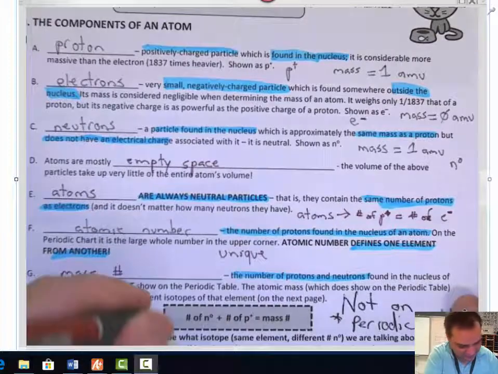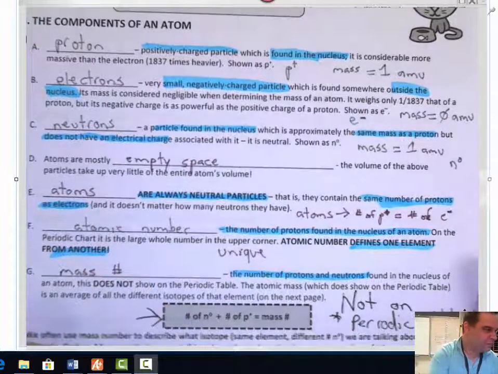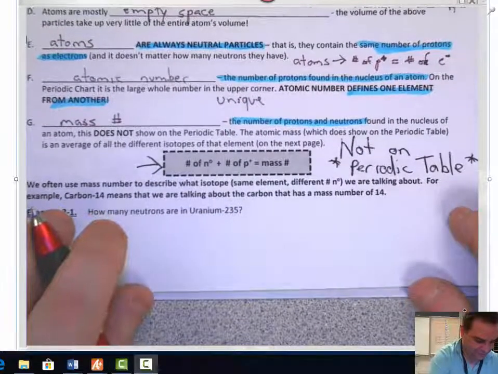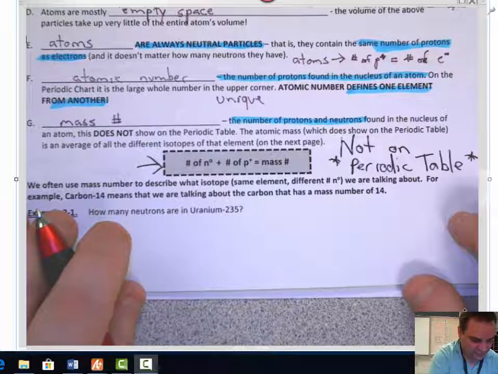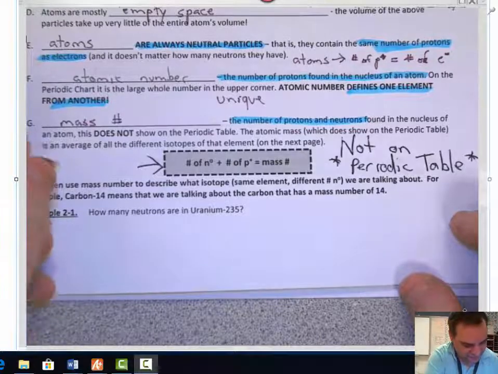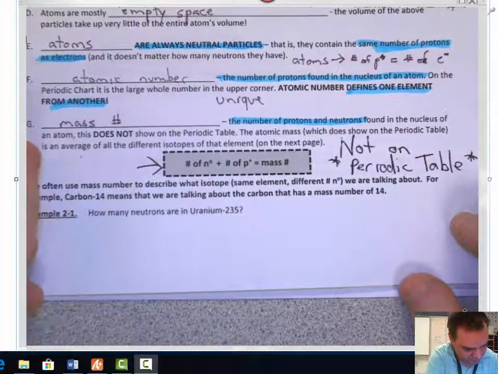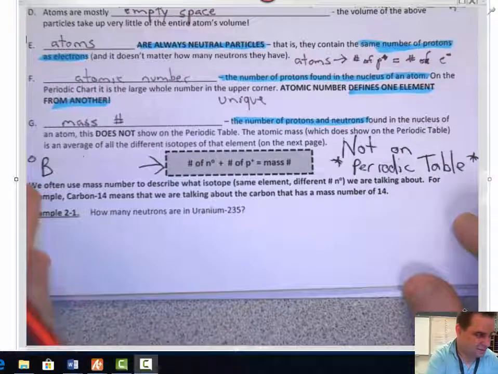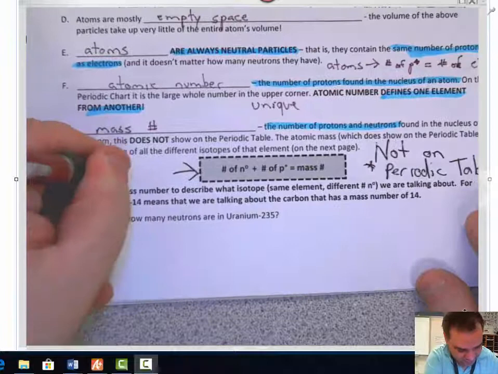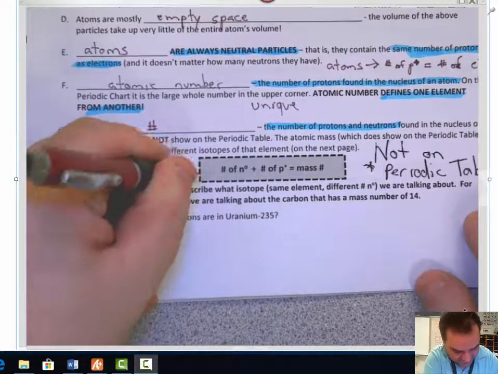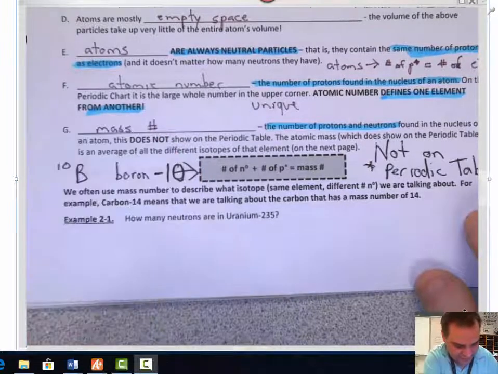This is a formula you're going to have to know: protons plus neutrons equals the mass number. There are two different ways to write a mass number. You're going to see boron 10, or you will see me write boron hyphen 10.